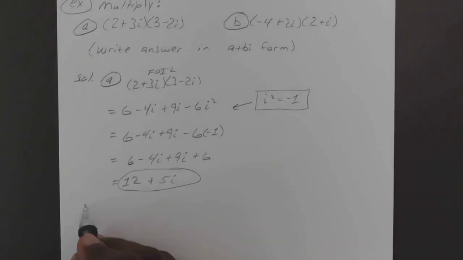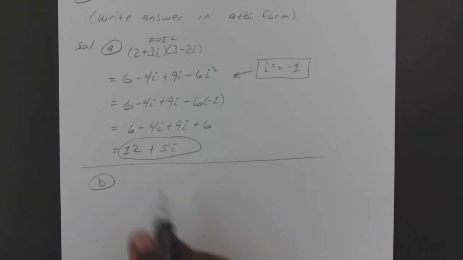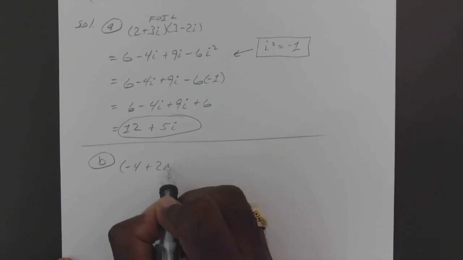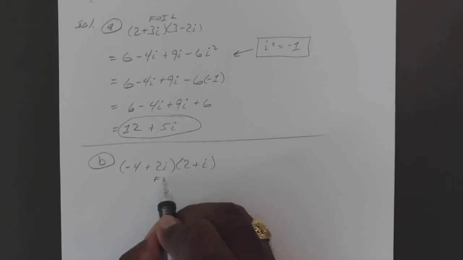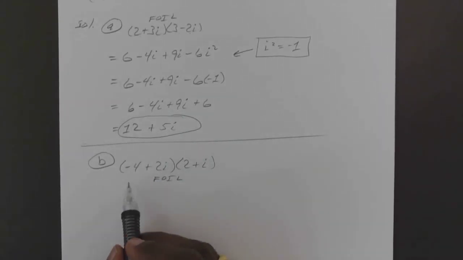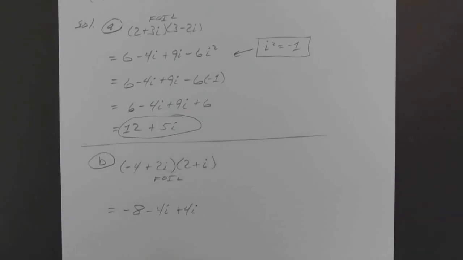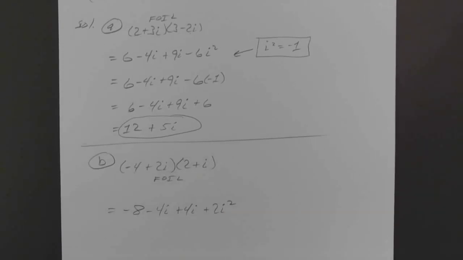All right, so for B, you have negative 4 plus 2i times 2 plus i. And of course, we're going to just FOIL that out. So negative 4 times 2 is negative 8. Your outer, negative 4 times i, is negative 4i. Your inner is 2i times 2, which is 4i. And your last, 2i times i, is 2i squared.